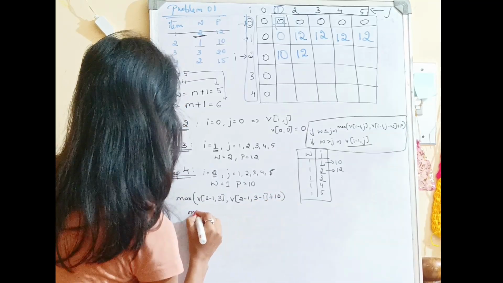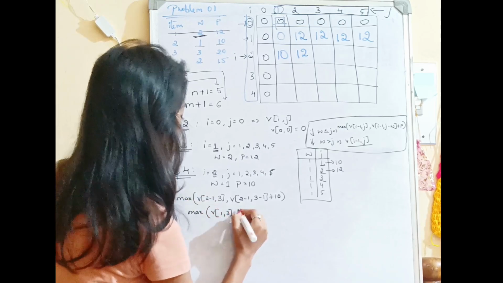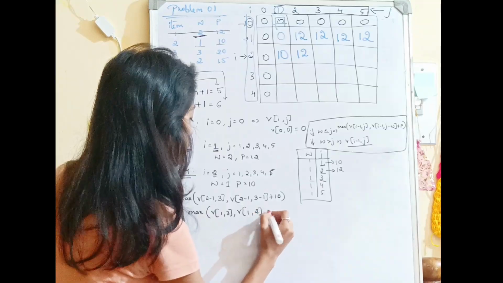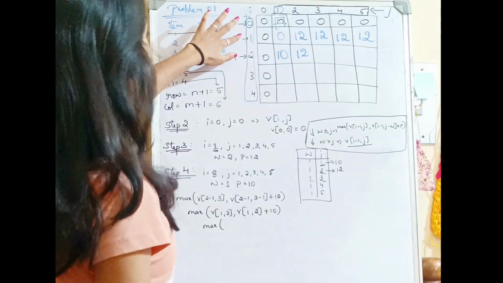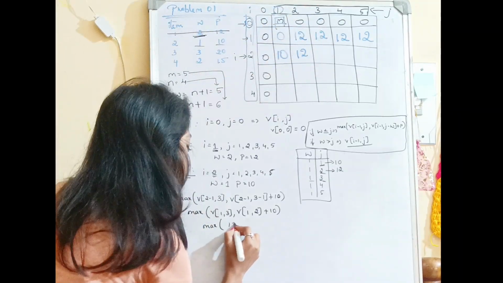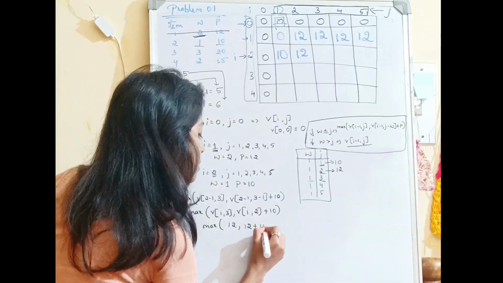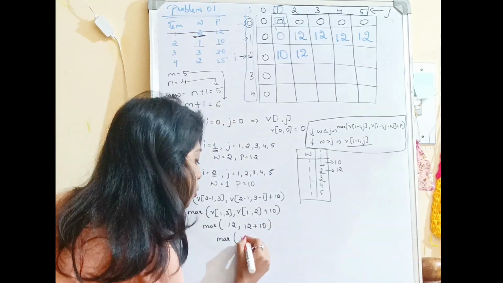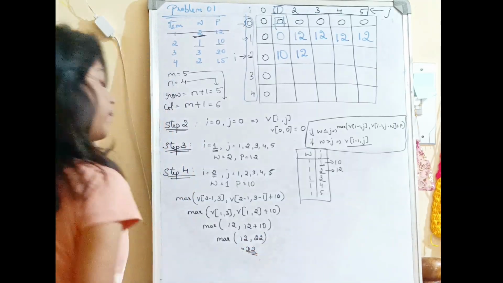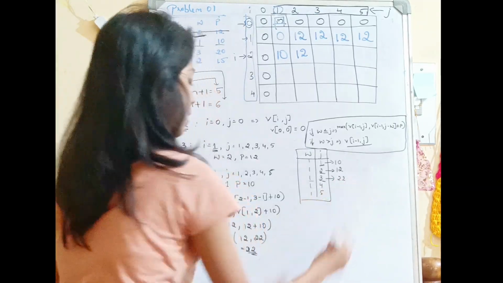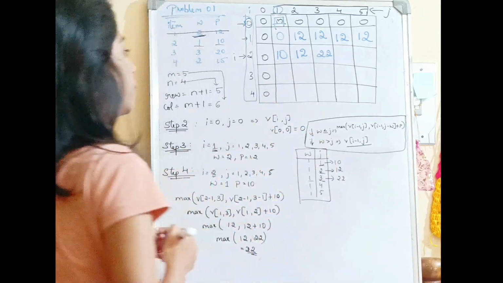Maximum of v of 1 comma 3, comma, v of 1 comma 2 plus 10. 1 comma 3 is 12, and 1 comma 2 is also 12 plus 10. So which is maximum among 12 and 22? Obviously it is 22. So write down 22 in the block.